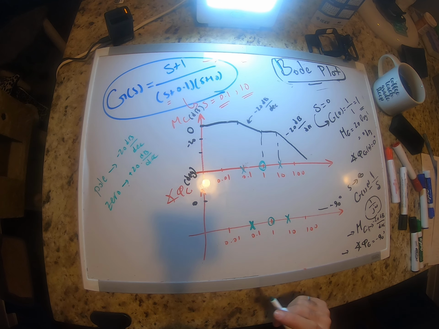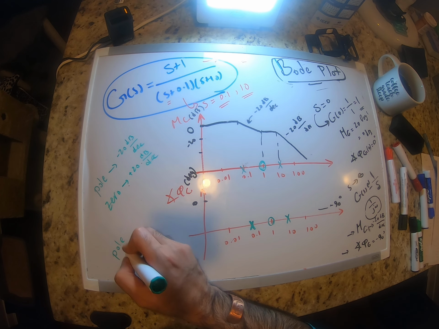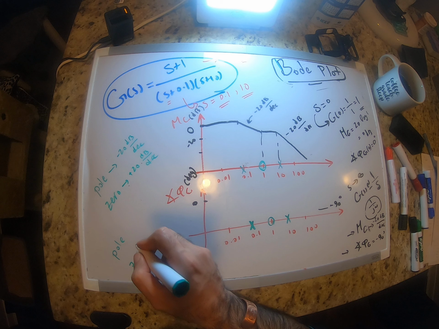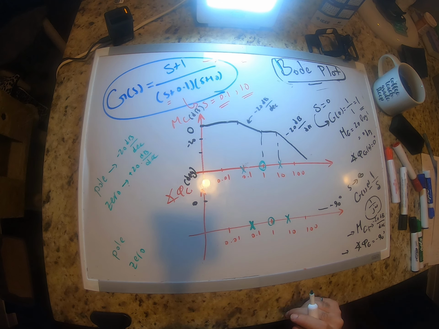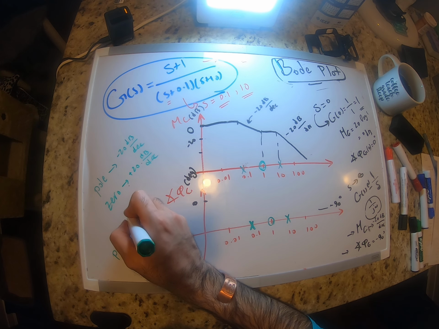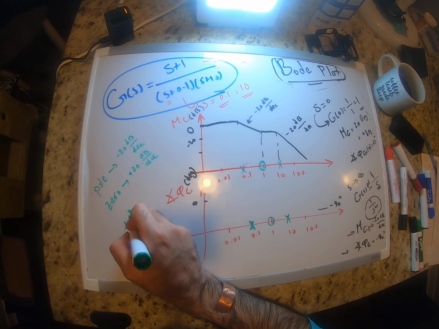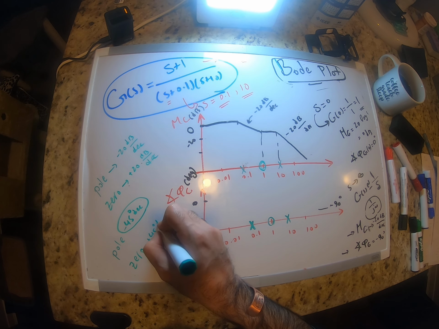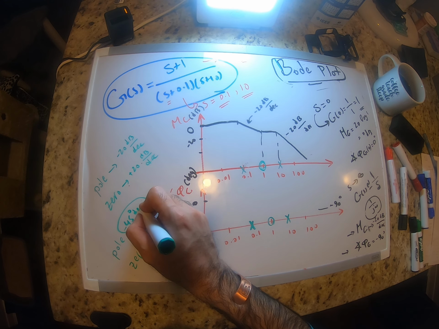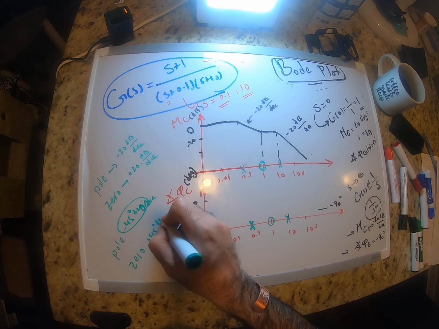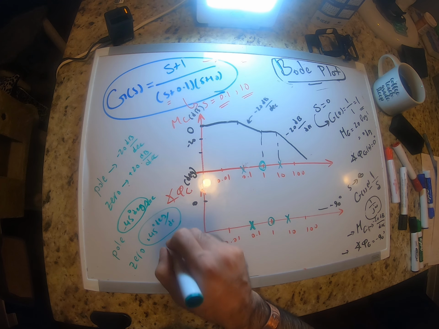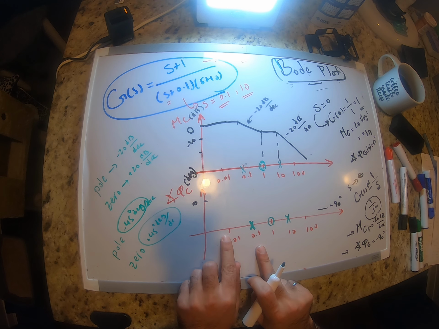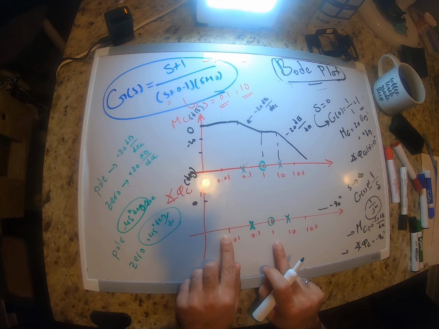The impact of a pole and a zero is a minus 45 degrees per decade impact and a plus 45 degrees per decade impact, respectively. But this starts from 1 decade before and lasts up to 1 decade after. So that's the challenging part.